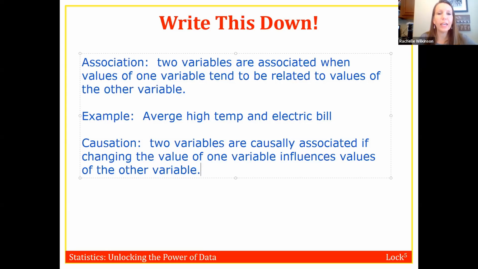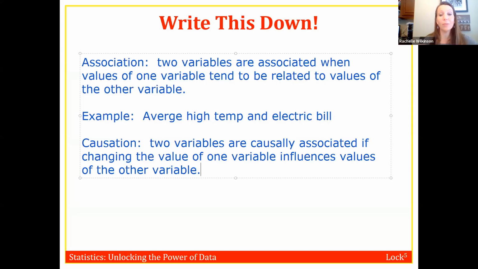Okay, so in the case of the temperature and the electric bill, if I were somehow able to manipulate the average temperature outside, so let's say for September, instead of always having it be so hot, even though you're ready for summer to be over and you can't believe it's this hot, even though you've lived in Texas for 20 years.